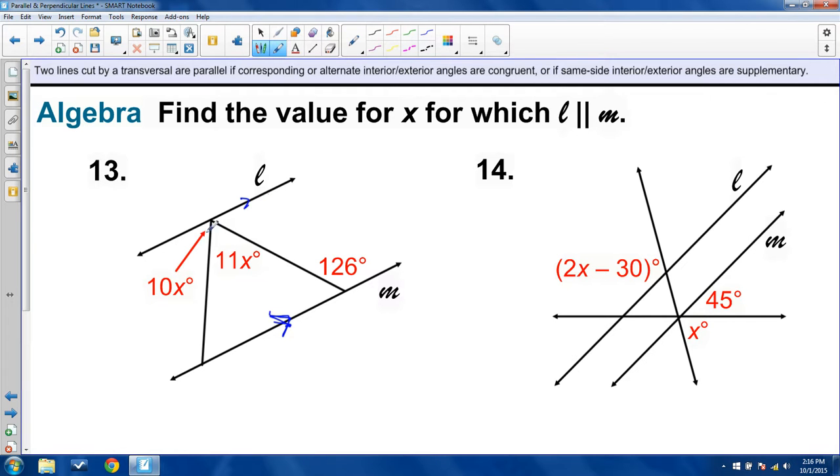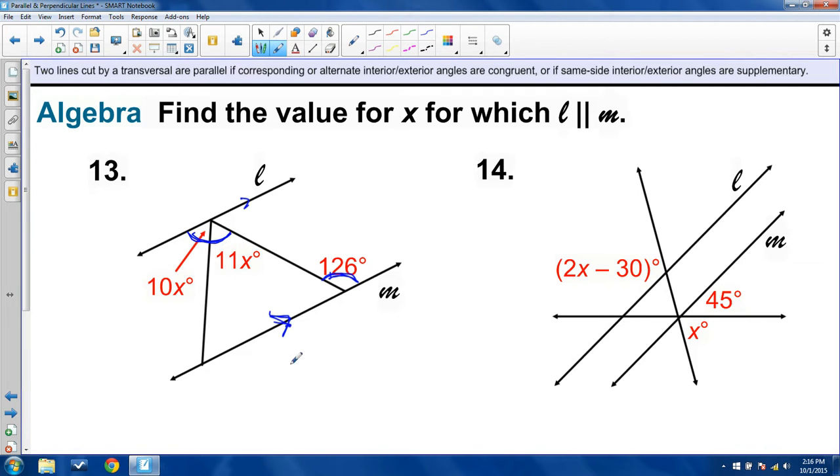But what I do recognize here is that this is 126 degrees, this is a transversal, and here's an angle measure that's formed from the transversal and the other line. Now this angle and this angle, if you look hard enough, are alternate interior angles, and they're congruent to each other. Now 10x is this portion here, 11x is this portion here.